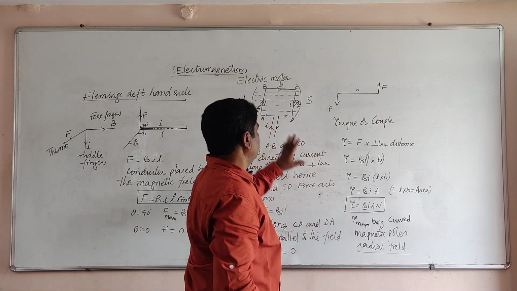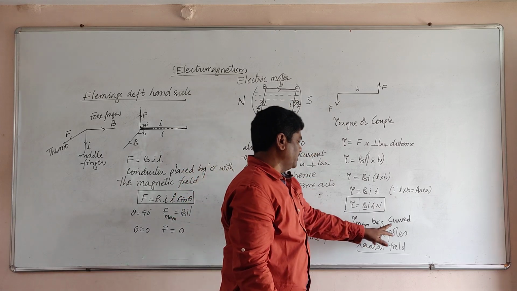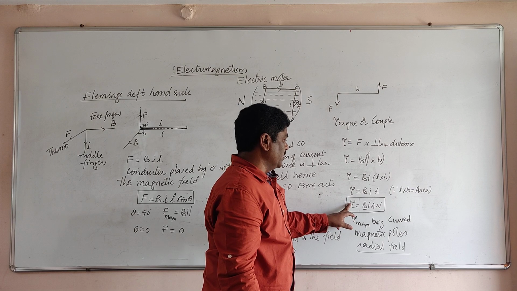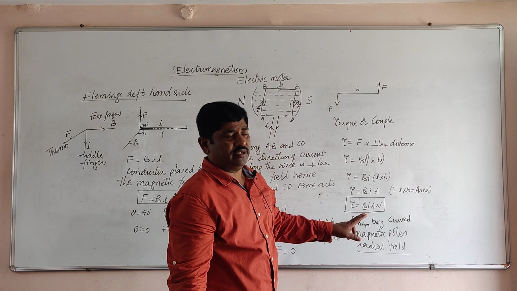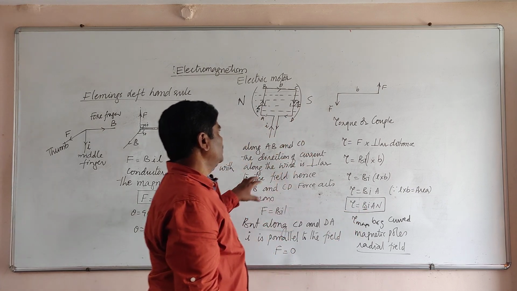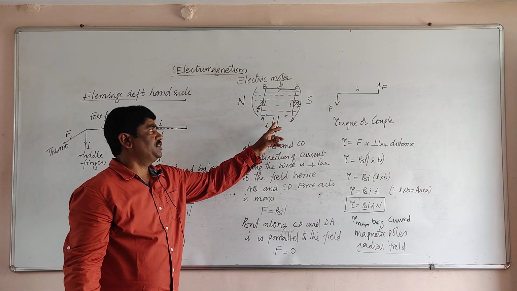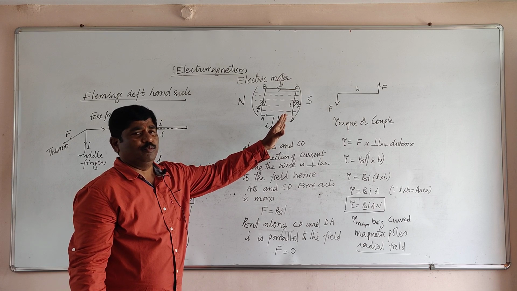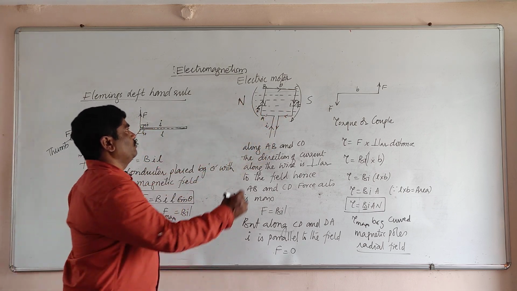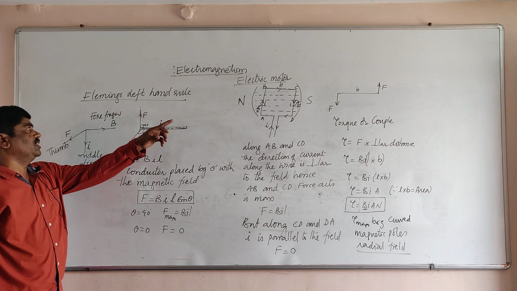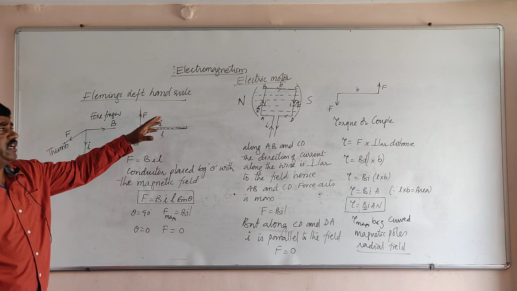So why are the magnetic poles curved? Because they create the radial field, enabling the maximum torque. So this is how the electric motor works: the rotation of the armature in between the two magnetic poles. The basic principle of the electric motor is Fleming's left hand rule.